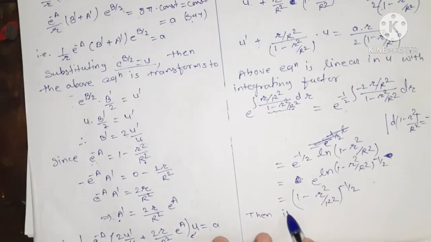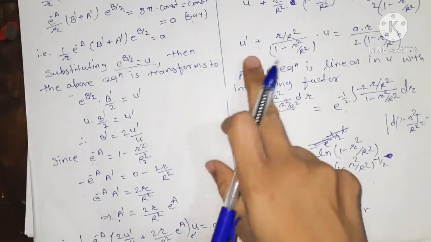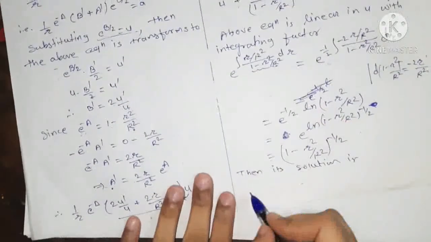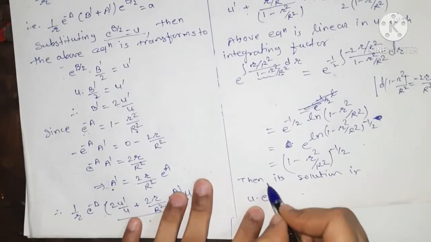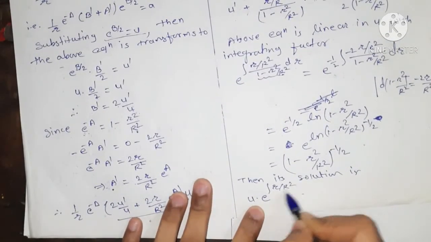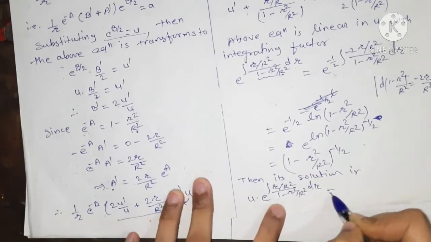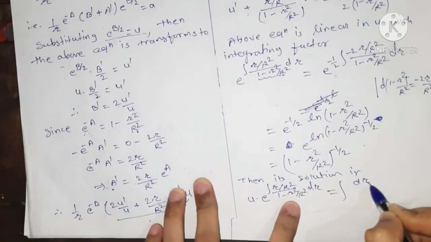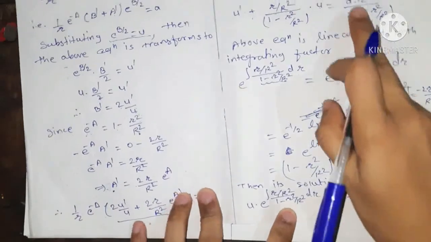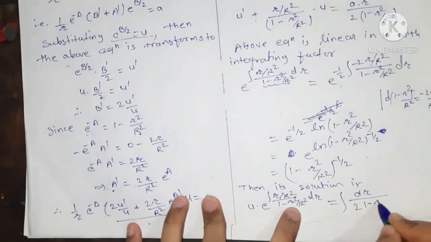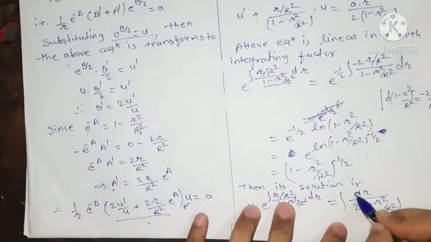Then its solution, that is the solution of this differential equation, is nothing but u into the integrating factor, that is e to the power integral of r upon R square, 1 minus r square upon capital R square dr, equals integral of a r upon 2 in bracket 1 minus r square upon capital R square, this is a into r.